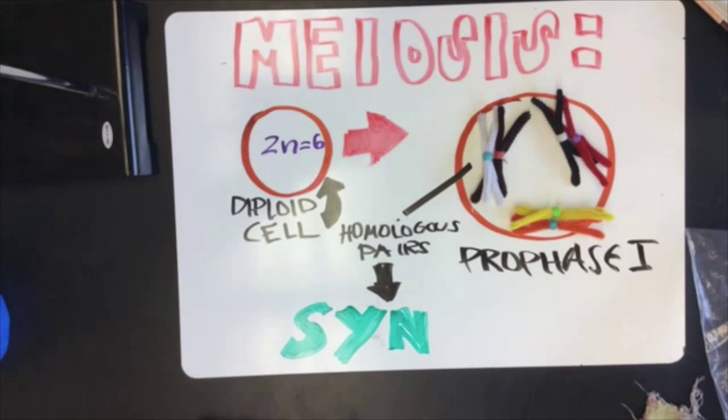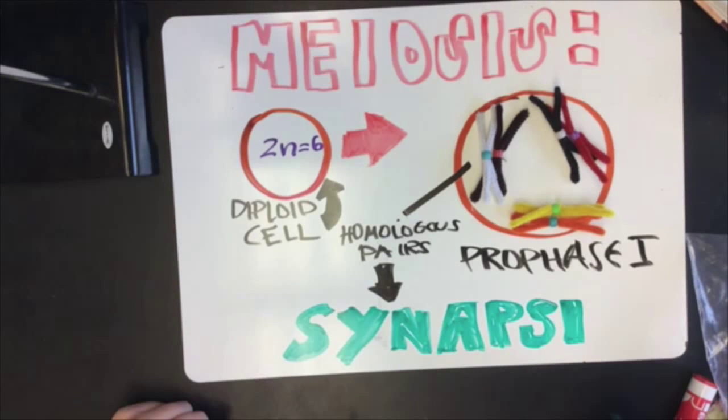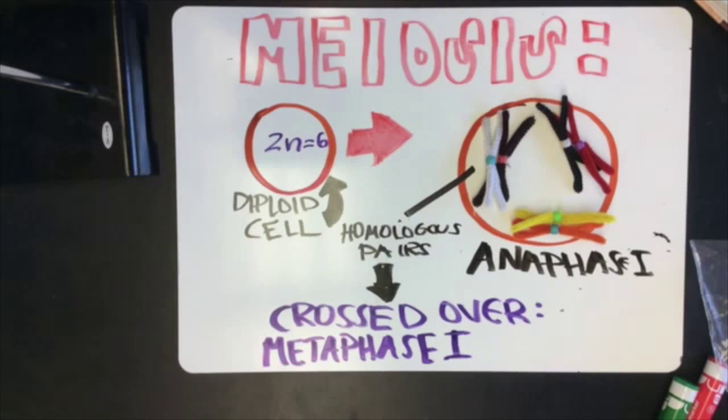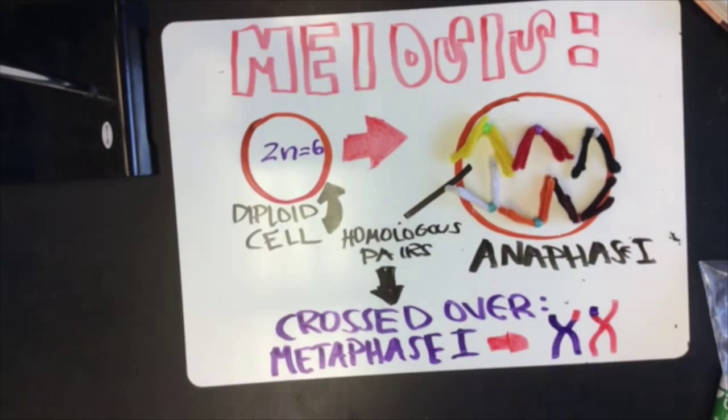This is called synapsis, during which the paired homologs become physically connected to each other. During synapsis, crossing over occurs. Crossing over is the genetic rearrangement between non-sister chromatids in which they exchange segments of DNA molecules. This occurs at the chiasmata.